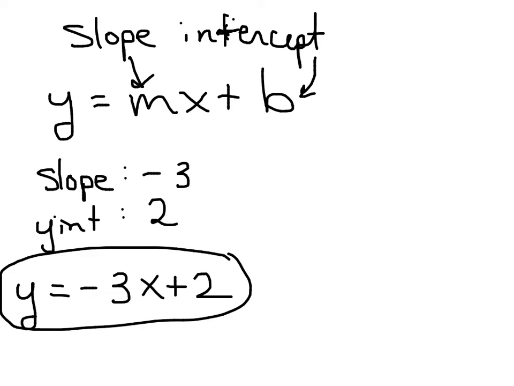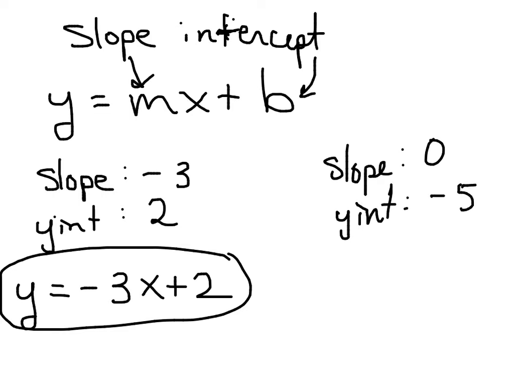On the second one that was there, we have a slope of 0 and a y-intercept of -5. Again, I'm just going to put the numbers in for M and for B. So y equals, what number is in the slope spot? 0x.